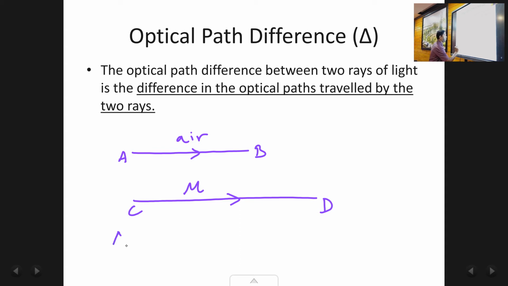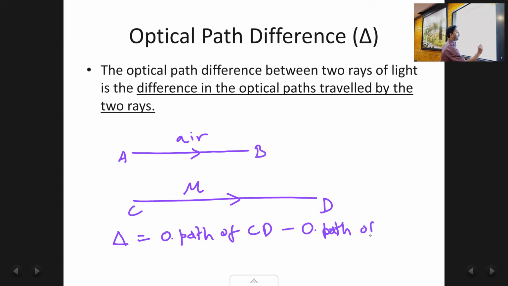Path difference delta is always a positive number, so you always have to subtract the smaller from the bigger. So it will be the optical path of ray CD minus the optical path of ray AB.